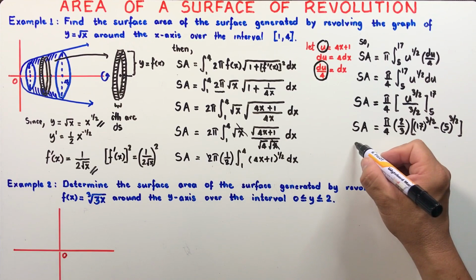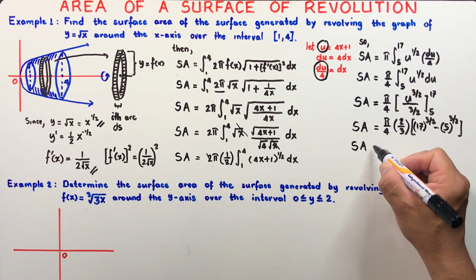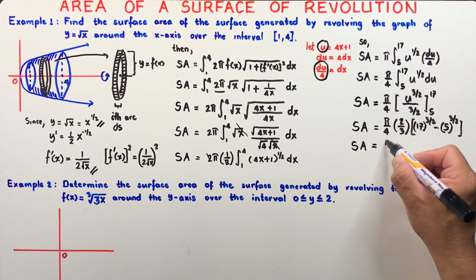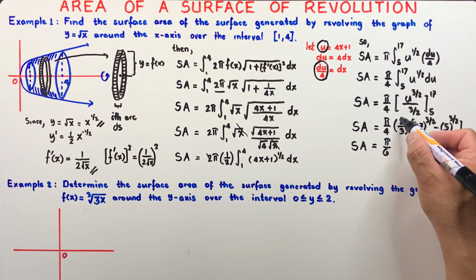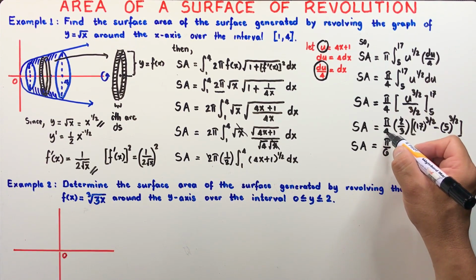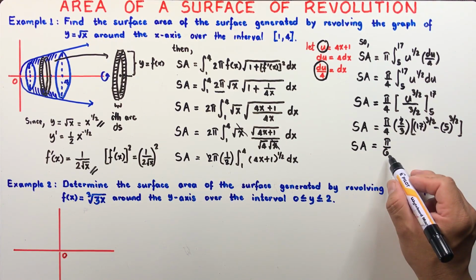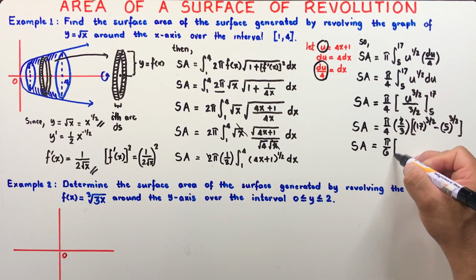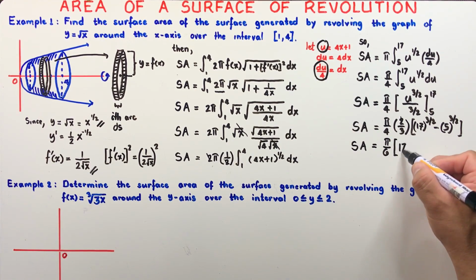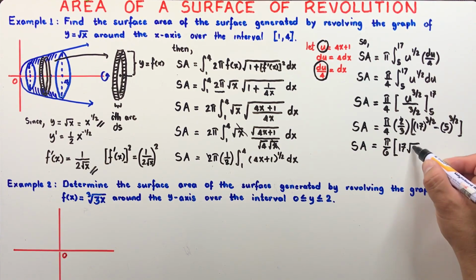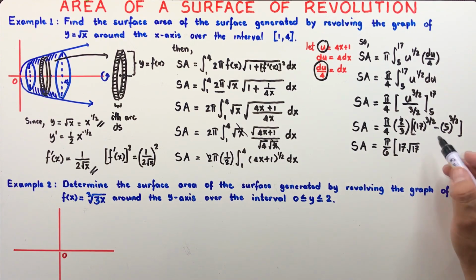So therefore, our surface area is equal to pi over 6, because this 2 and this 2 here cancel each other, so what remains is a factor of 2. So 2 times 3 is 6. And this will be multiplied by 17 times the square root of 17, because 3/2 is 1 and 1/2.